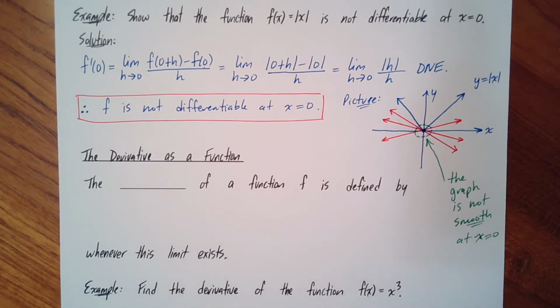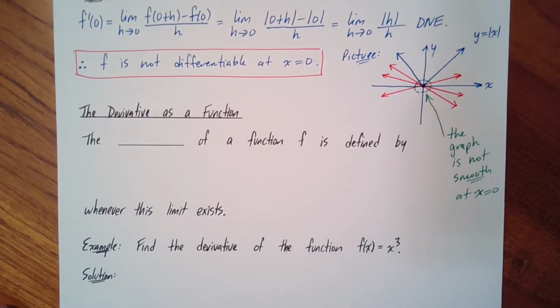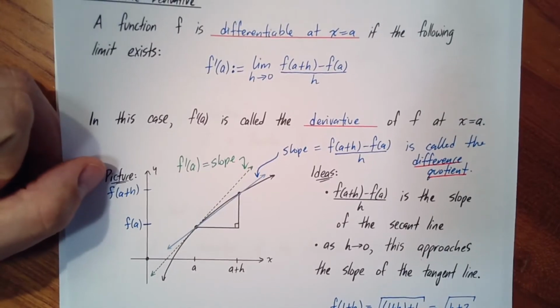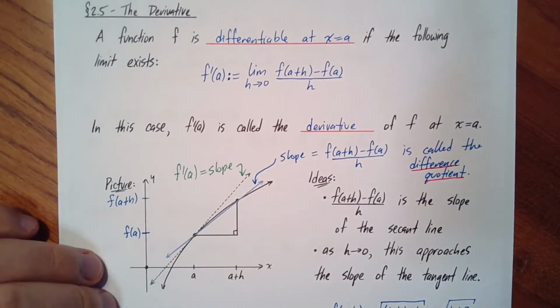next we're going to talk about the derivative as a function. Remember back in section 2.1, we first introduced the idea of instantaneous velocity at a point, which is what the derivative of a function at a point is the abstraction of.